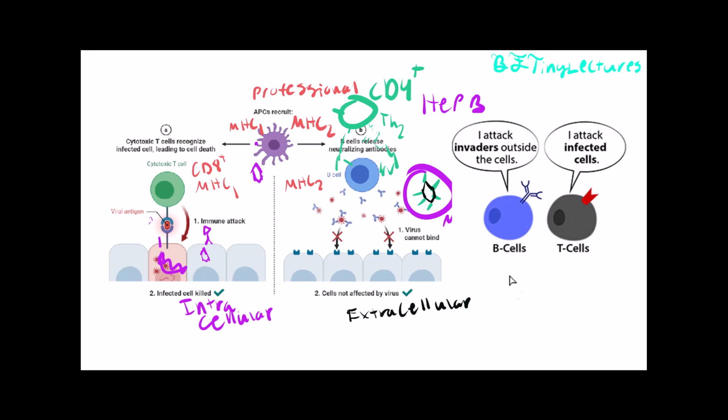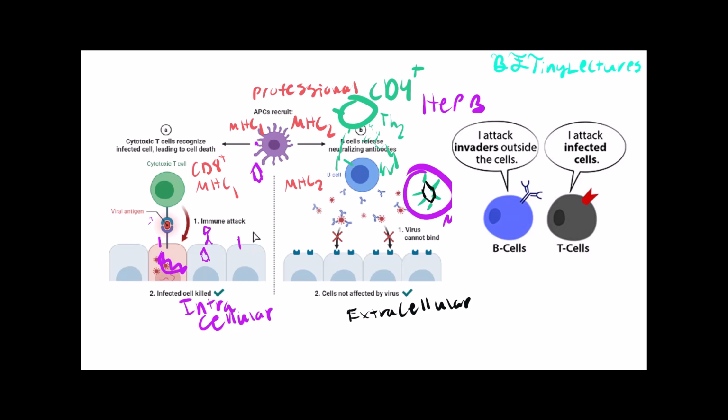And so what we learned is that B cells attack invaders outside of the cell. And T cells, specifically cytotoxic CD8 T cells, attack cells that are already infected by viruses. And one important thing to know is that all the cells in your body will express major histocompatibility 1 complexes, just in case they are infected by a virus.